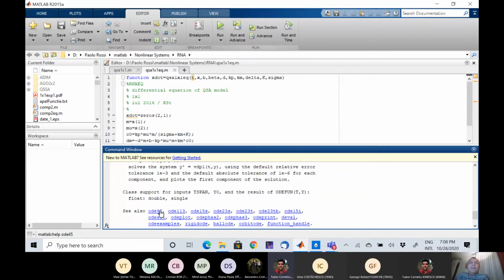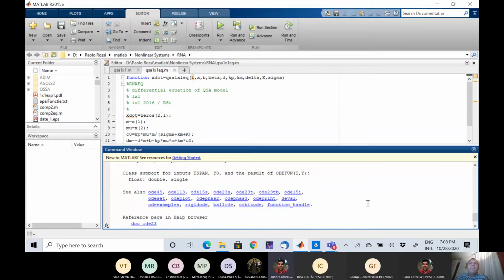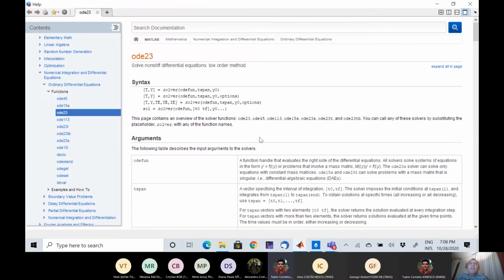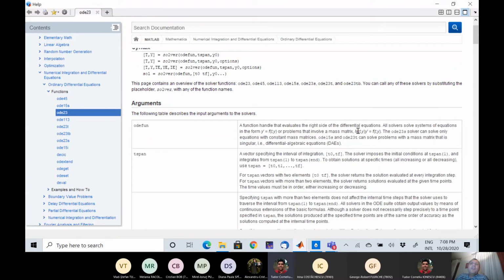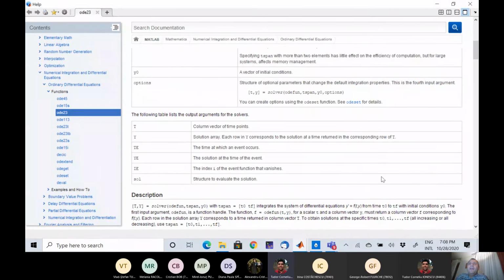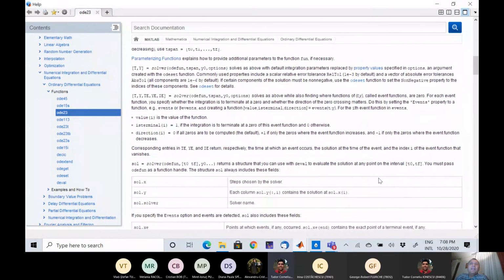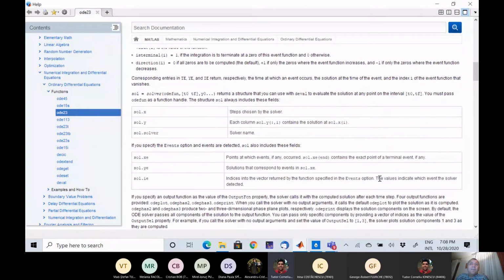But mainly we work with ODE23 and ODE45, meaning the degree of approximation of our function. If you go to the documentation, as usual, you have all necessary details explained.